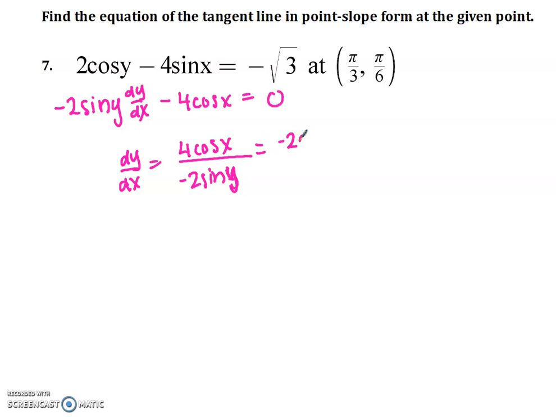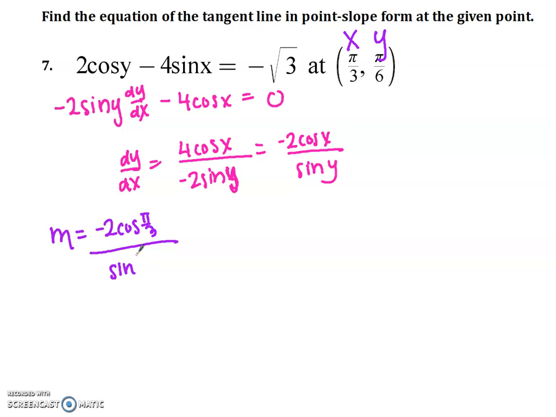So that'll be -2 cosine of x over sine of y. Then to get the slope, I'm going to plug in pi over 3 for x, pi over 6 for y. So that'll be -2 cosine of pi over 3 over sine of pi over 6.